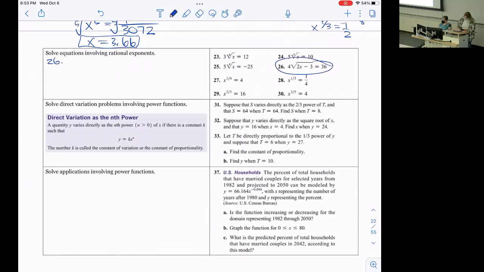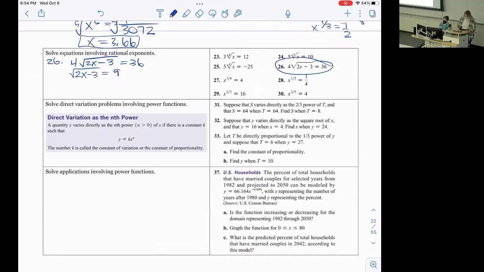That's a good problem. So we're at 4 times the square root of 2x minus 3 equals 36. So to isolate this square root, we're going to divide by 4 on both sides. And then we're going to be given 2x minus 3 equals 9, thank you.